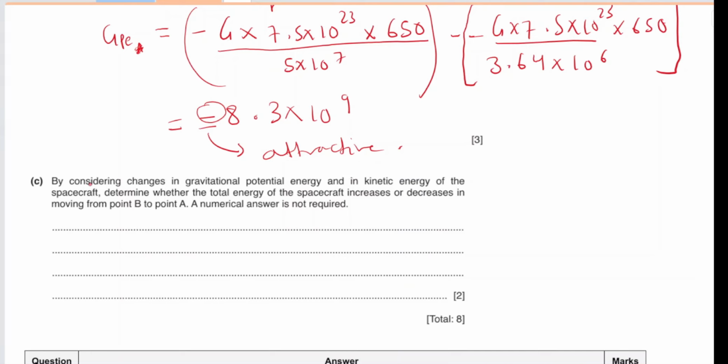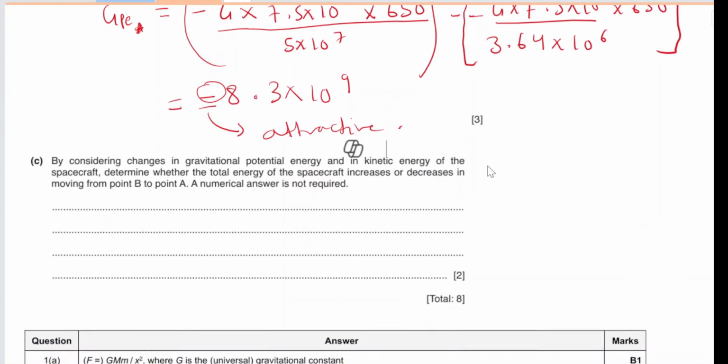Last question is that by considering changes in GPE and in kinetic energy of the spacecraft, determine whether the total energy of the spacecraft increases or decreases in moving from point B to point A. So let's look over here. The first thing is that we know that the GPE has decreased. Why? Because it's negative over here. And you can also show this by the graph of GPE. Remember the graph of GPE against radius.